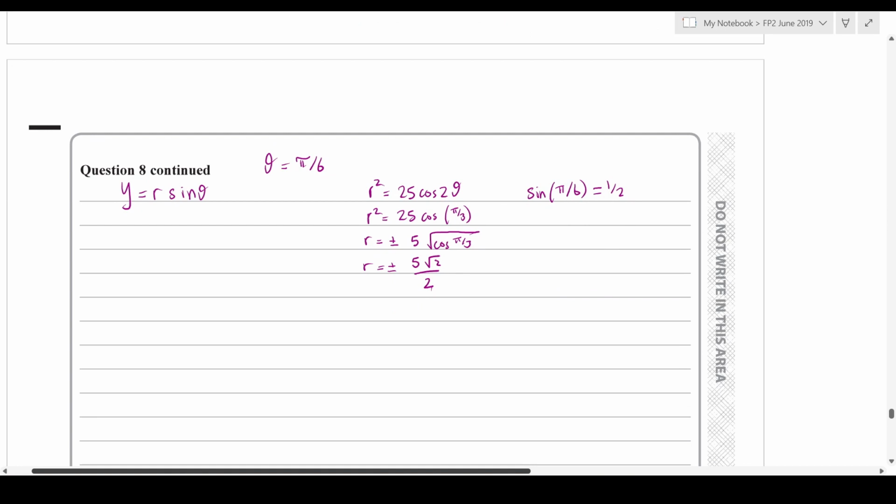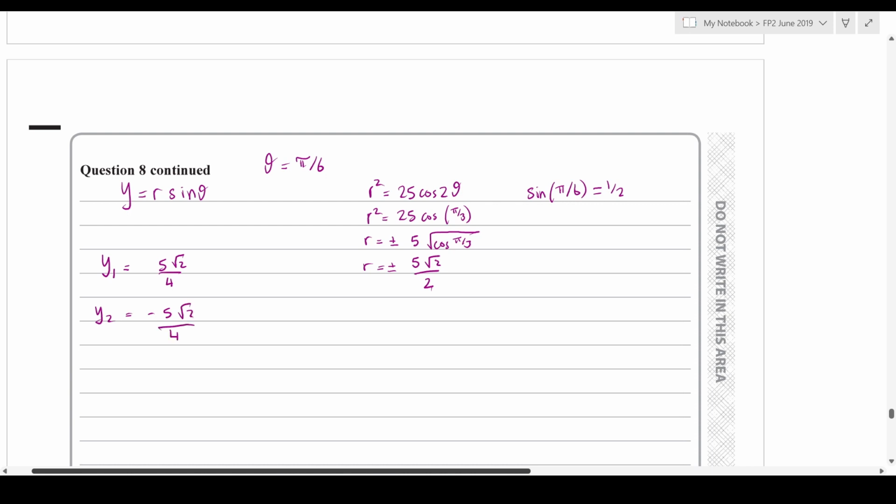Okay, so that's the r value. I could then put that into each of the y's so I get the y value. One of the y values, the positive one, would be a half of that, 5 root 2 over 4. The other value would be minus that.